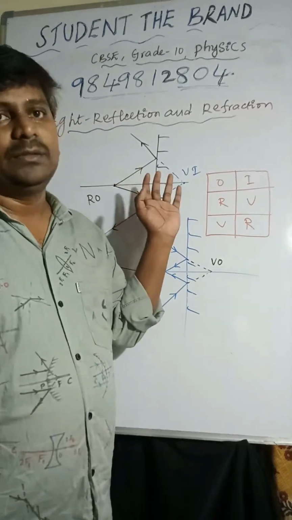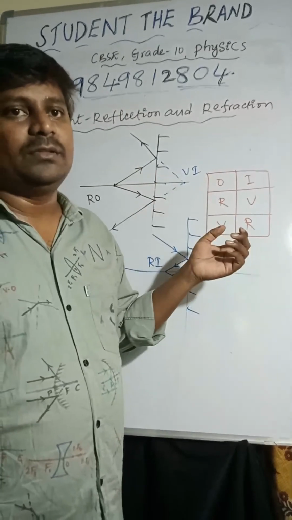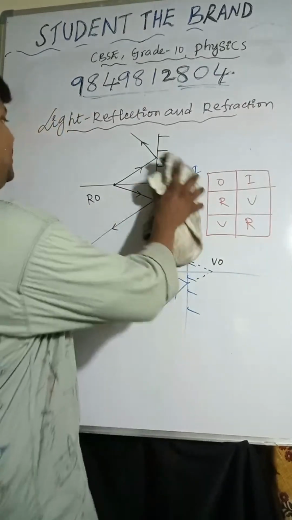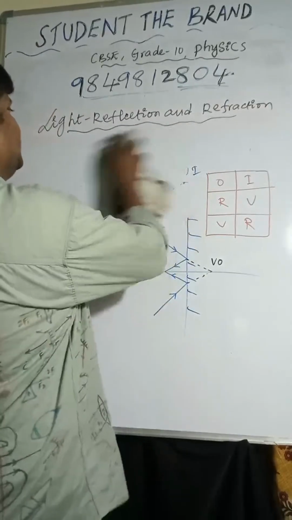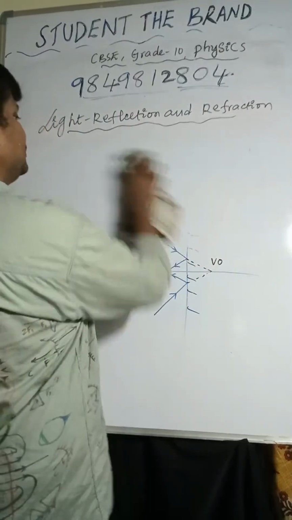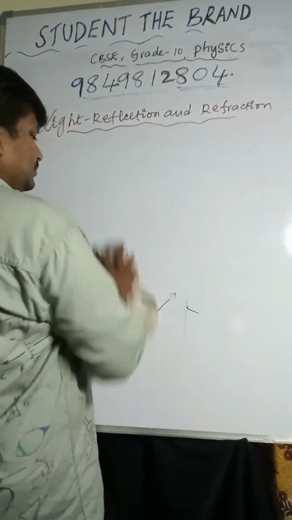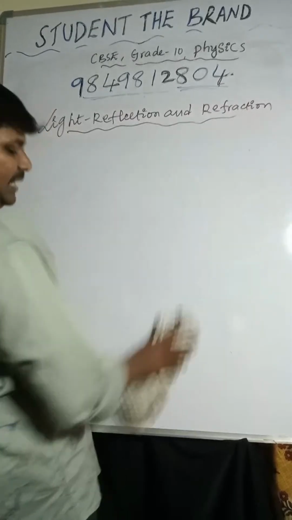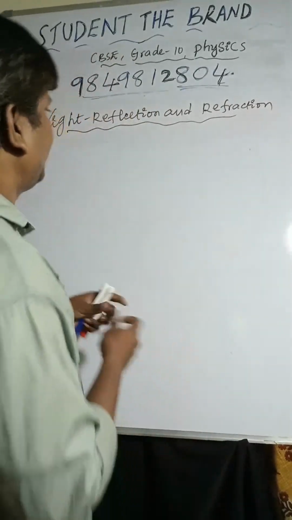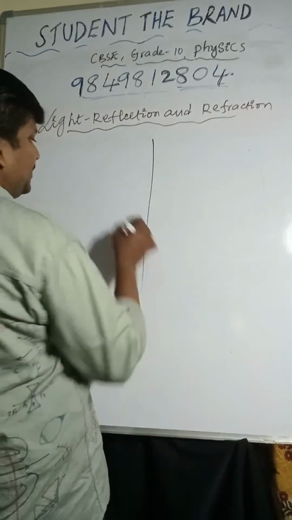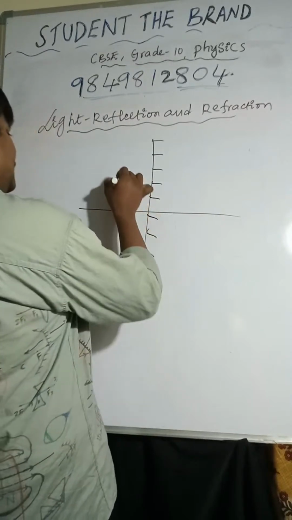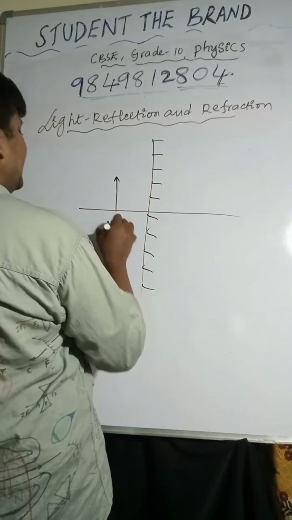I hope it is very clear. Next, we'll go to the nature of the image formed by the plane mirror. Now you can see here, I'm taking the plane mirror and the object AB.